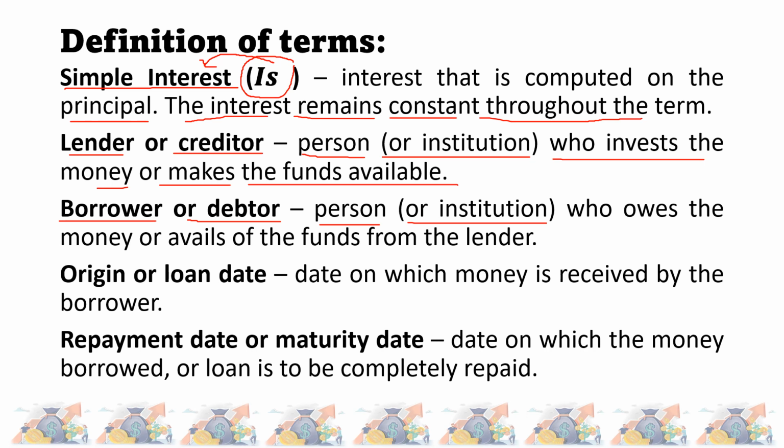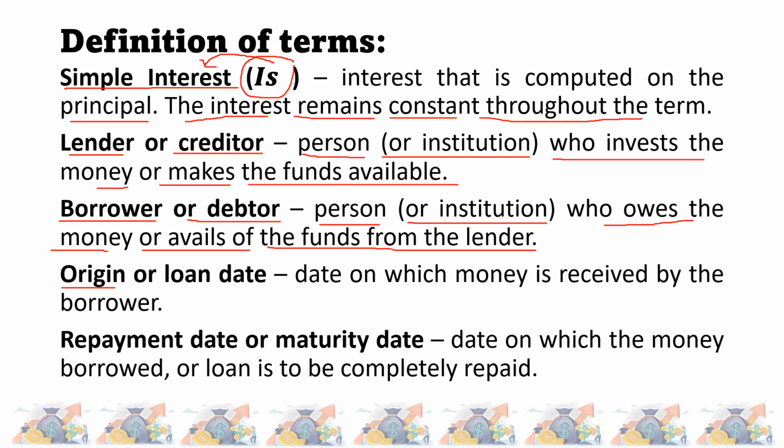That's why even a government institution, corporation, or private institution, at some point, borrows money from a lender or creditor for a reason that they need to execute certain programs or projects. So these are persons who owe the money or avail of the fund from the lender.